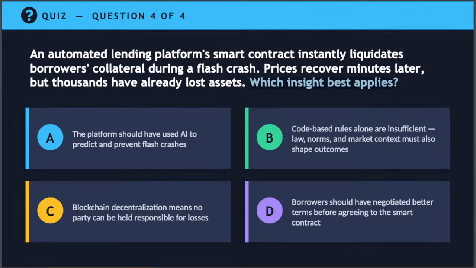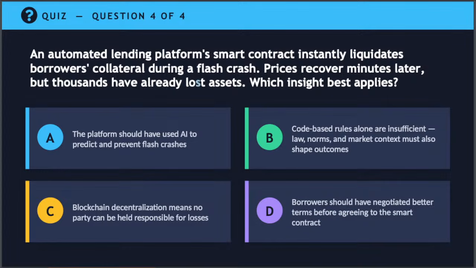Which insight best applies? A. The platform should have used AI to predict and prevent flash crashes. B. Code-based rules alone are insufficient. Law, norms, and market context must also shape outcomes. C. Blockchain decentralization means no party can be held responsible for losses. Or D. Borrowers should have negotiated better terms before agreeing to the smart contract.